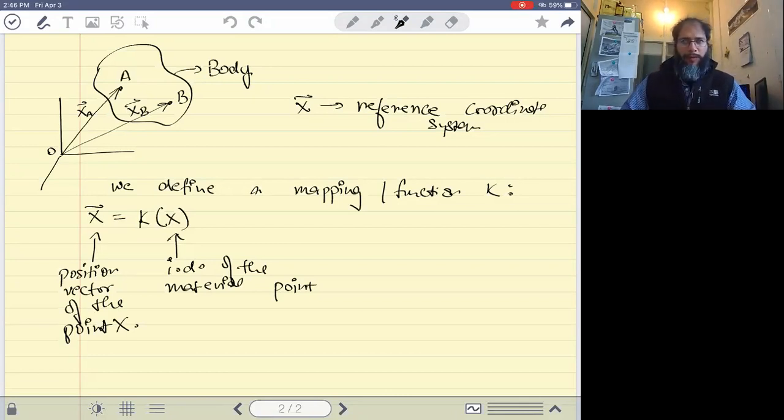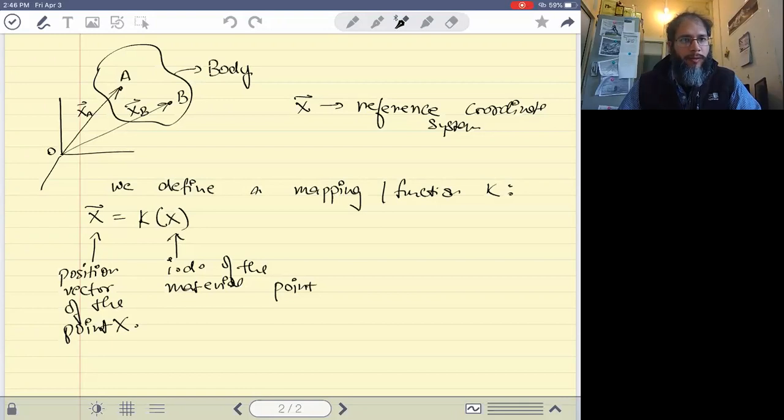Once we have this kappa function available to us, it gives us a configuration. If I have a list of all the points that make the body, and I have a kappa function, I basically have the position of each and every point in the configuration.